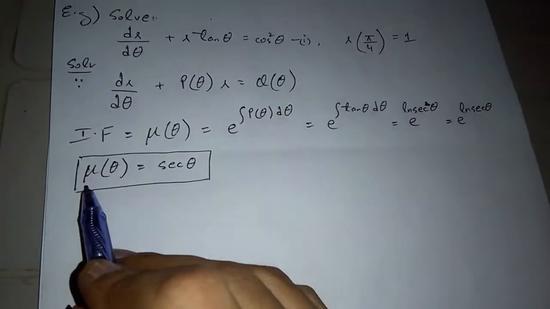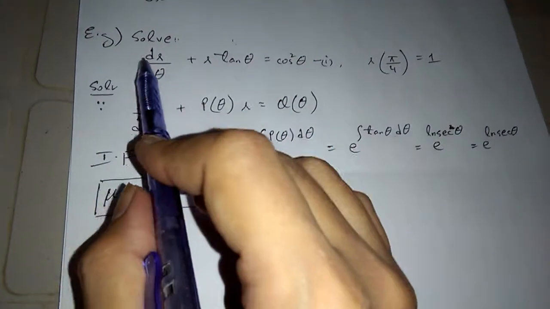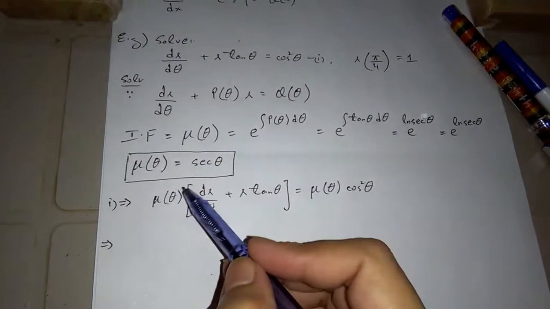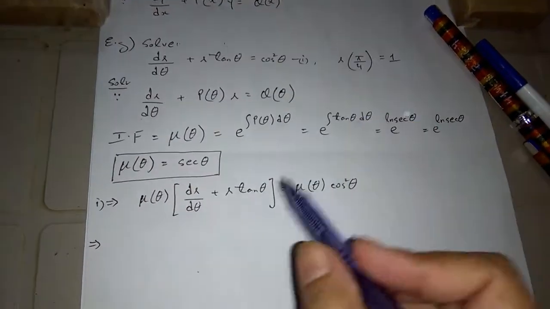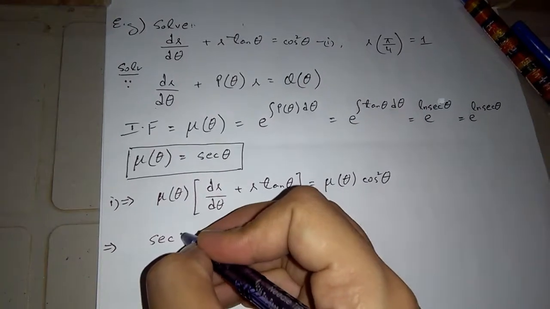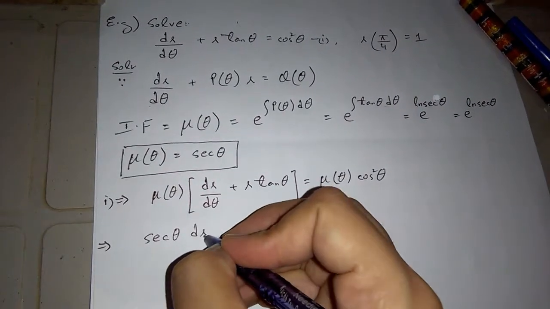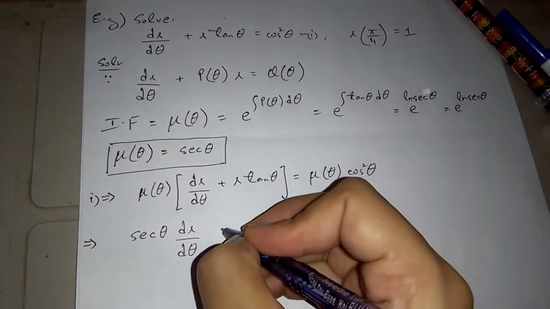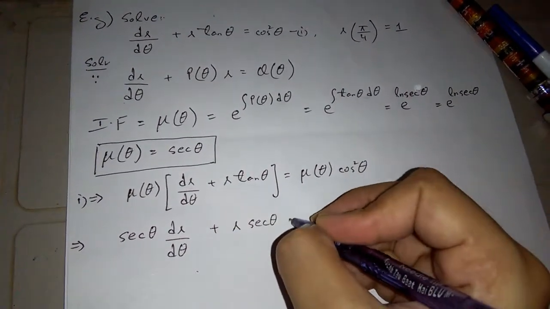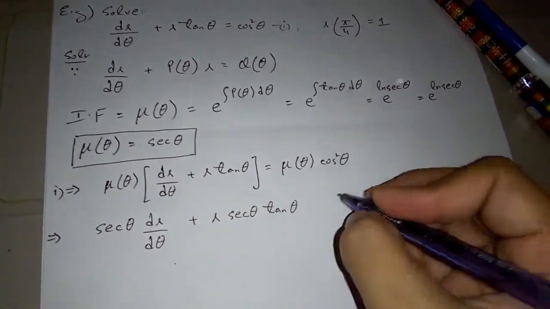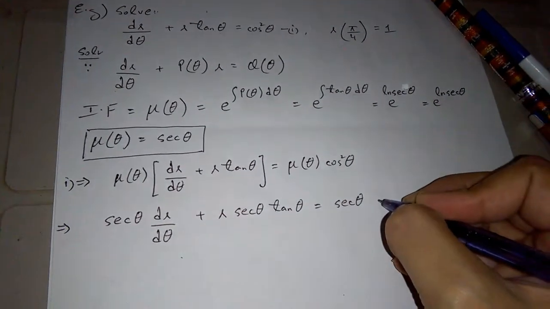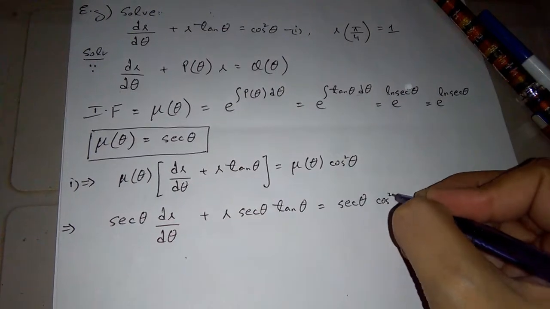Now we are going to multiply this integrating factor entirely with this equation. On multiplying, we are going to get something like this: secant theta dr by d theta plus r sec theta tan theta equals sec theta cos squared theta.